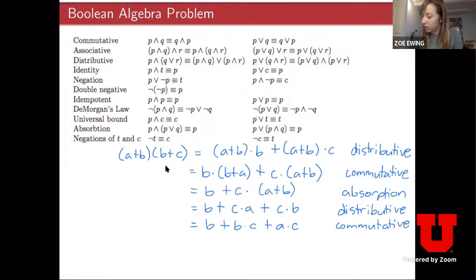And now we can use the second version of the absorption property. And that gives us that this equals B plus A times C. And one more commutative property to say that this is equal to AC plus B.